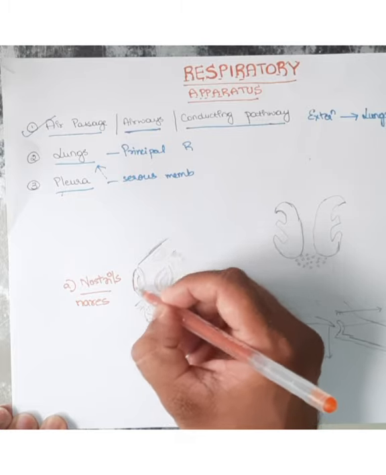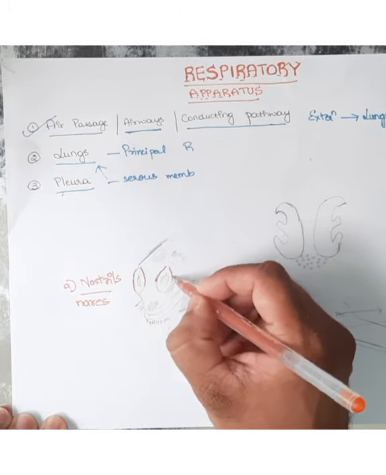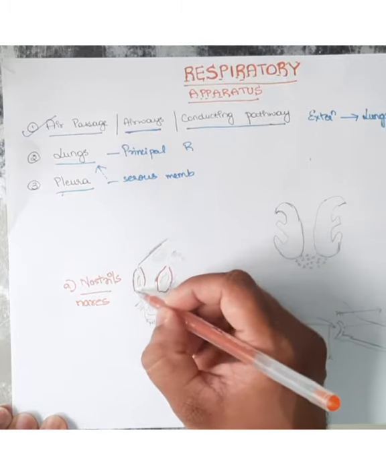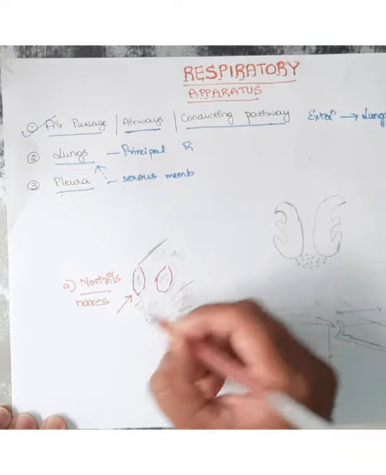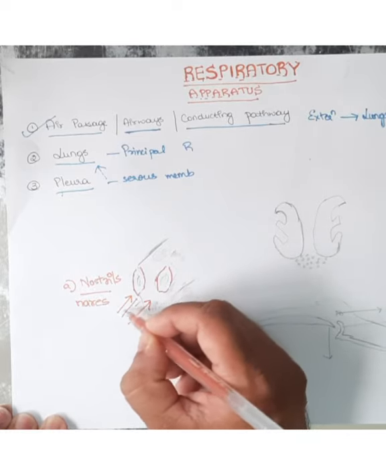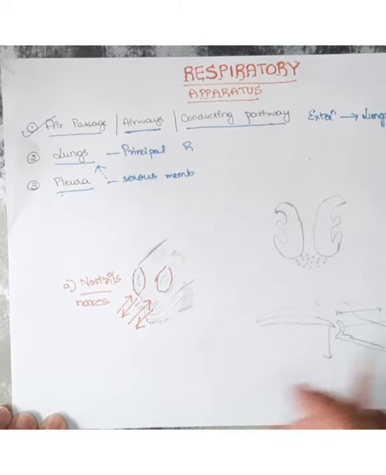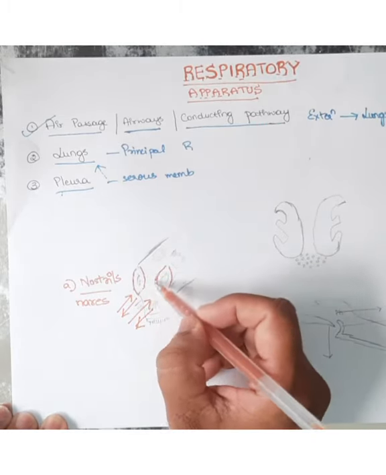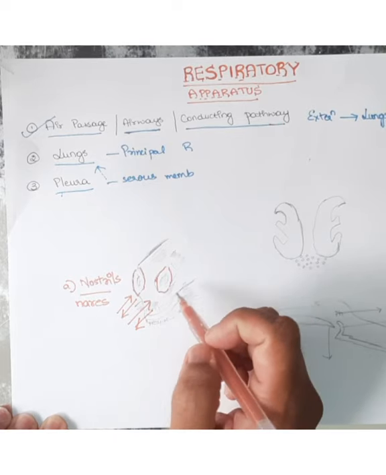These are the two external openings through which the air flows inside and outside. These are the most pliable structures.